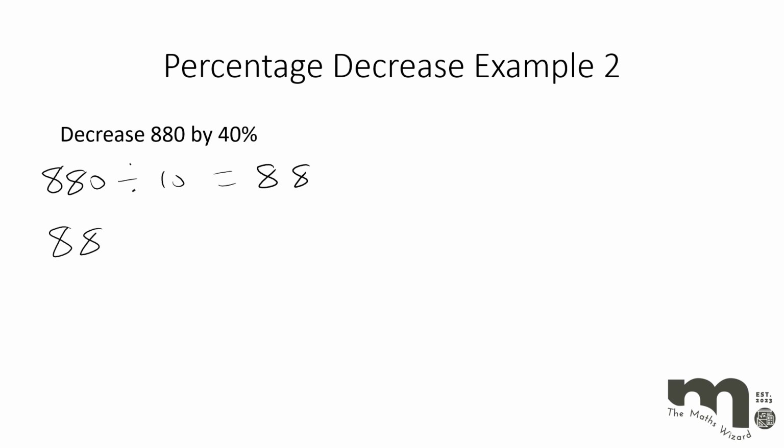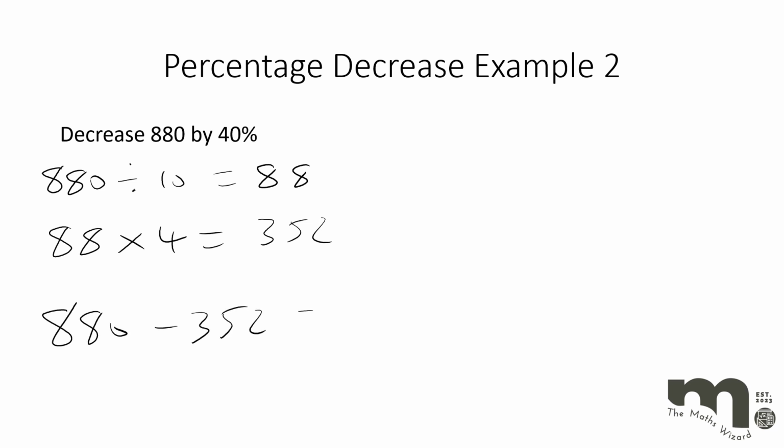Then you might do 88 times 4 to give you 352. Then we've got to do 880 minus 352, and that would give us 528. So that's one way of doing it, and this way is probably quite useful if you're on that non-calculator paper.